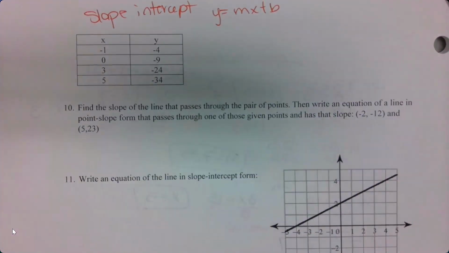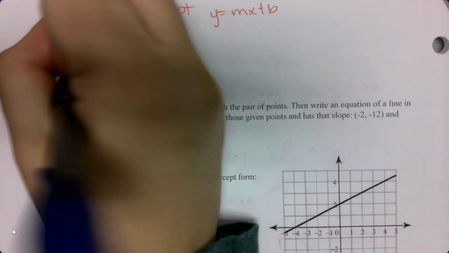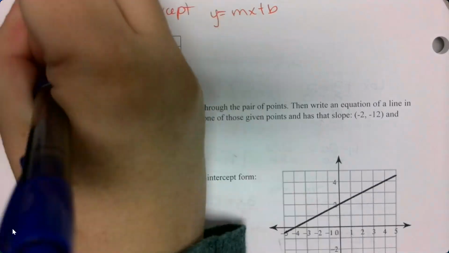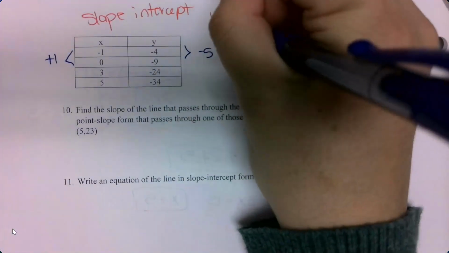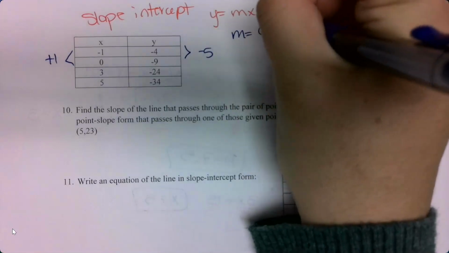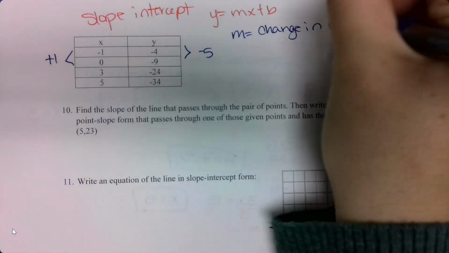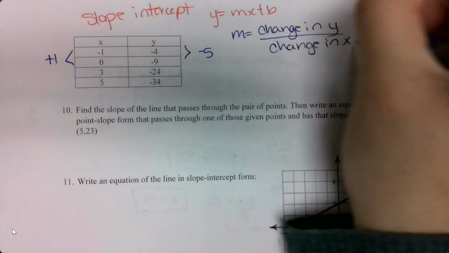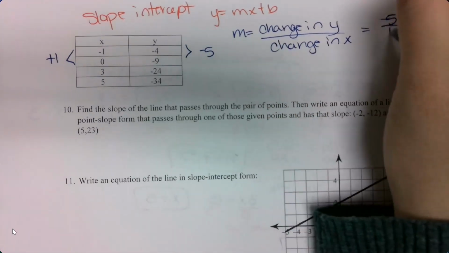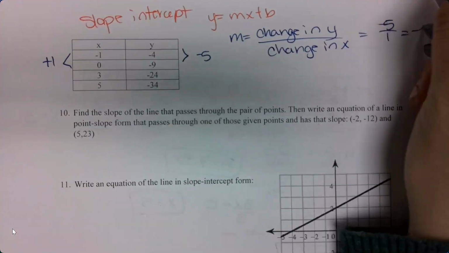So the first thing I want to do here is find my slope. My change in x is adding 1. My change in y is subtracting 5. My slope is change in y over my change in x. So I'm going to have negative 5 over 1, which is just negative 5 for my slope.